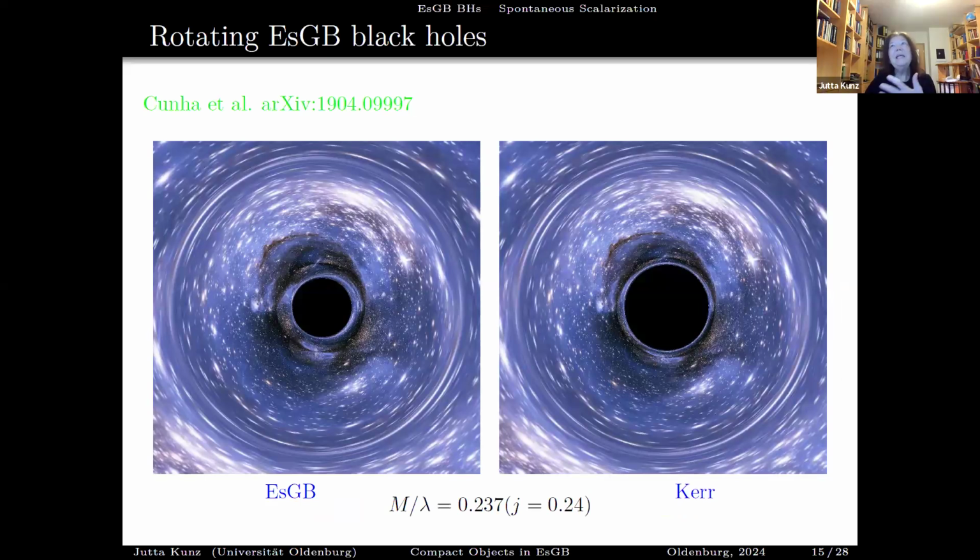What we would need in order to get some bound on the coupling would, of course, be a measurement of the spin. But these spins of the black holes are not well determined. So currently, even though there would be an effect that one can see, one cannot conclude on that.